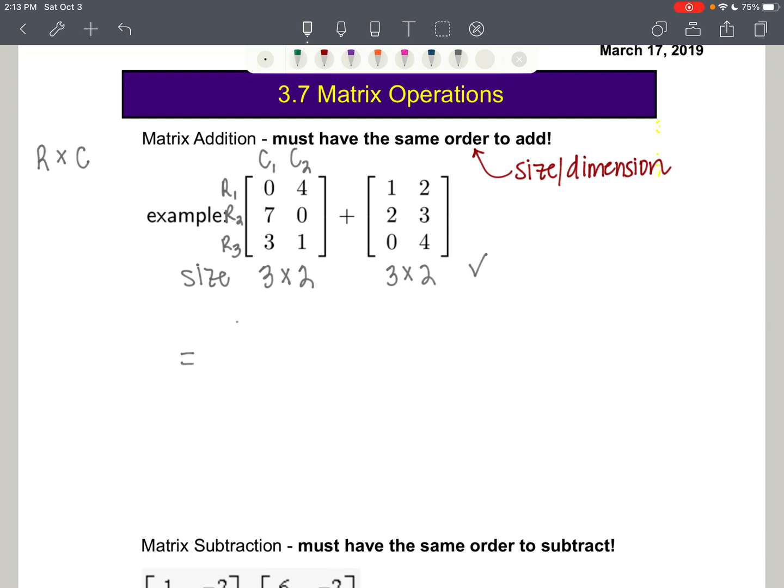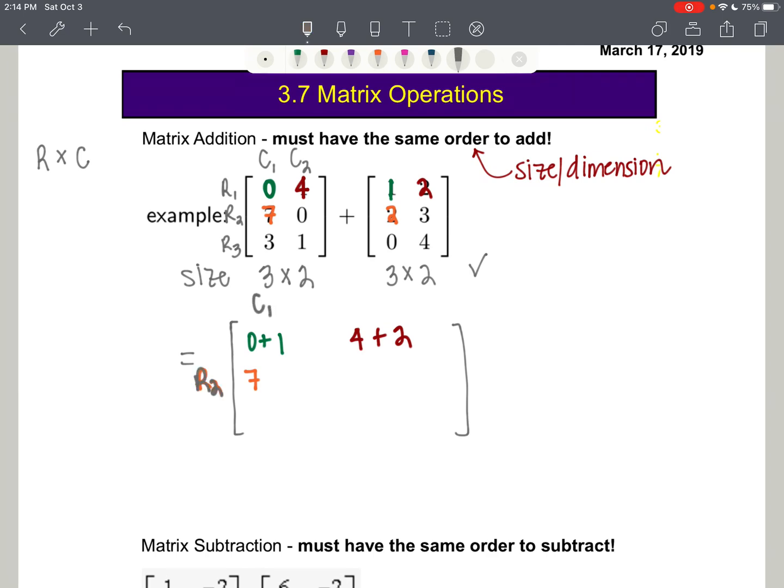When we add them, we add the corresponding elements. So we're going to add 0 plus 1. 4 plus 2. 7 plus 2, that's row 2, column 1.